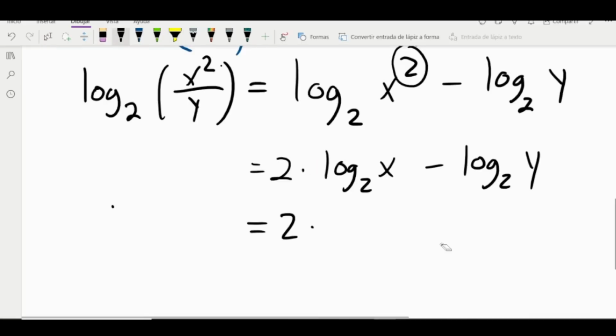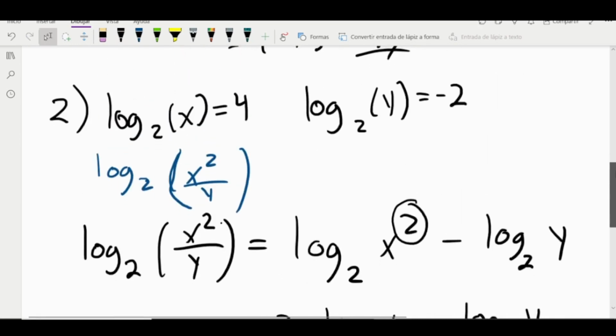Okay, technical problems. Now, we were saying that logarithm base 2 of x is going to be 4, so we make the substitution. Remember this one is a multiplication, minus, and logarithm of y is going to be minus 2.